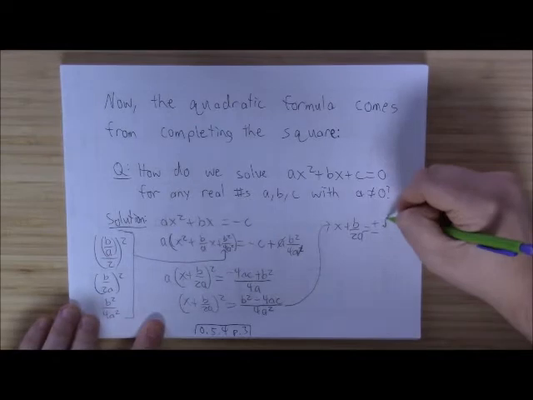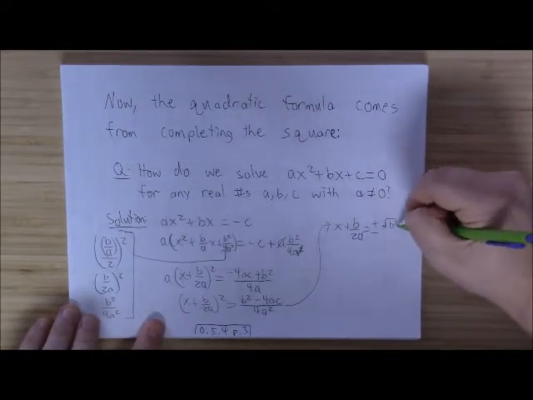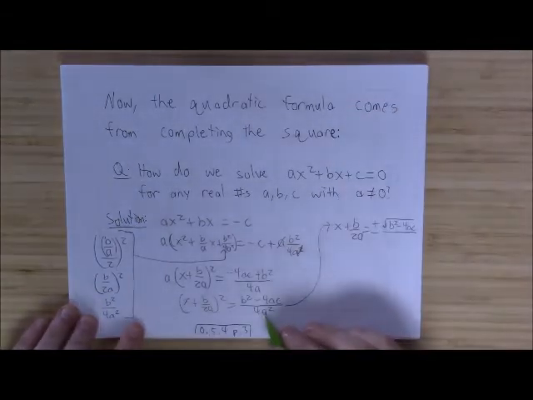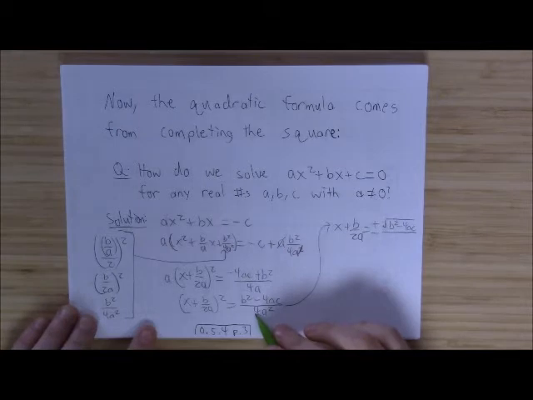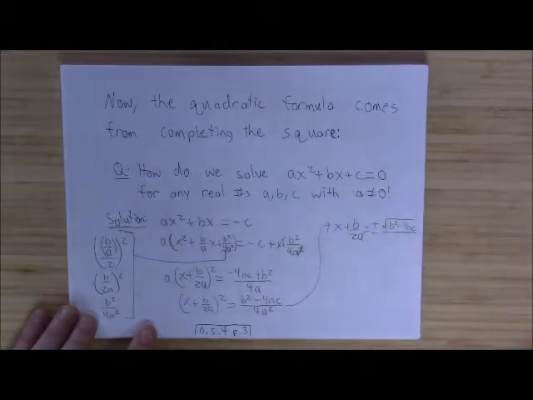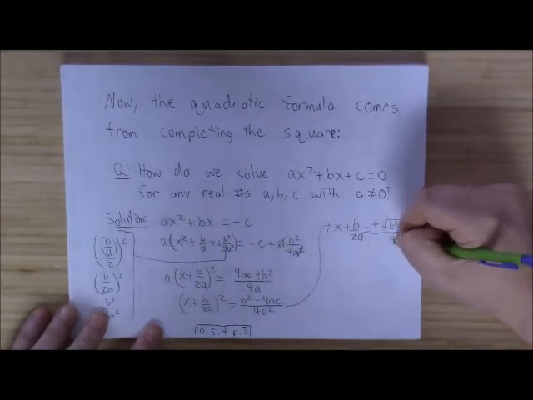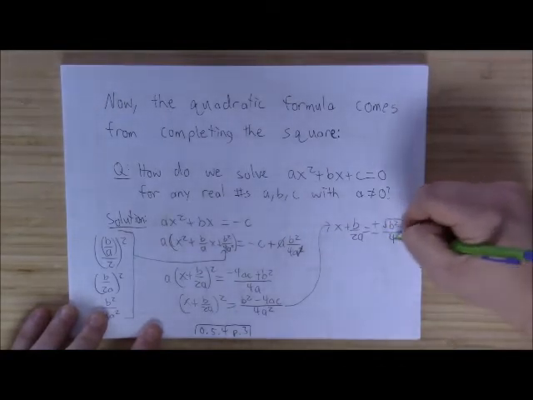Square root of the top we can't really do much with because square roots don't work well with addition and subtraction. But on the bottom, we can go ahead and take the square root of this. That will be square root of 4 and square root of a squared. That gives me 2 times a.